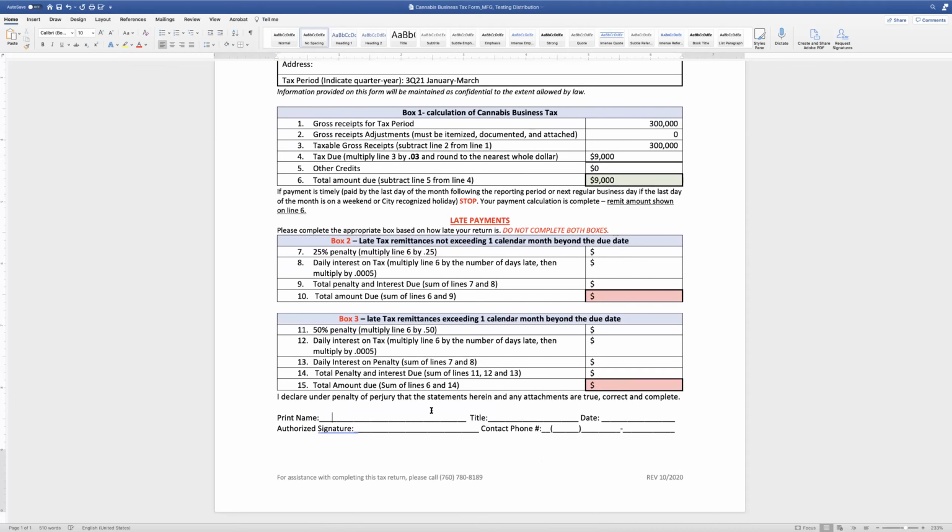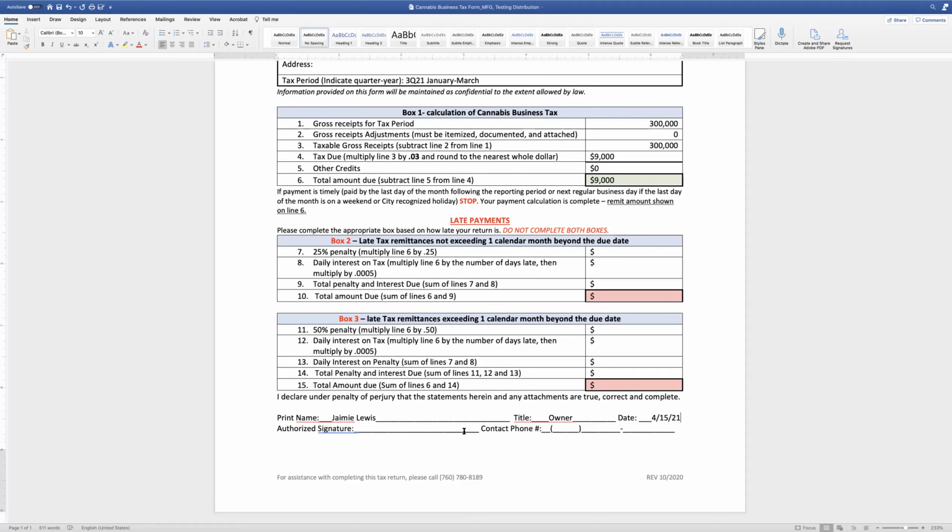The last thing you want to do is fill in your name, your title, and the date. These sections are extremely important because it helps us identify who completed the return in the event that we have some questions.